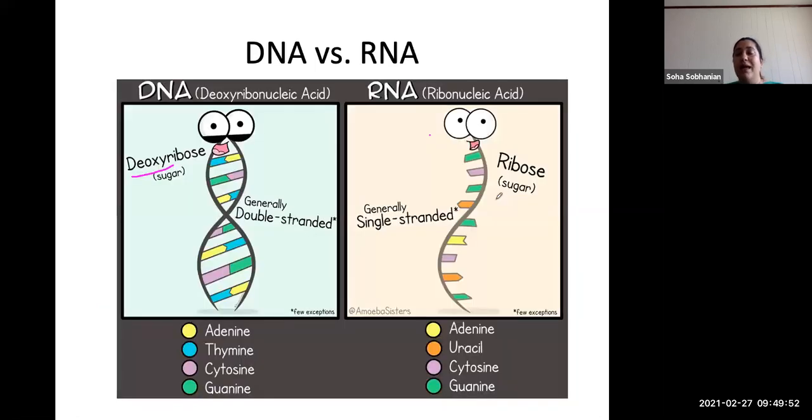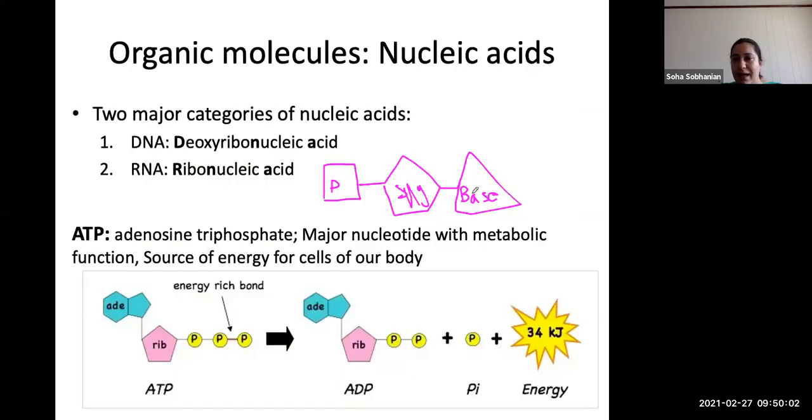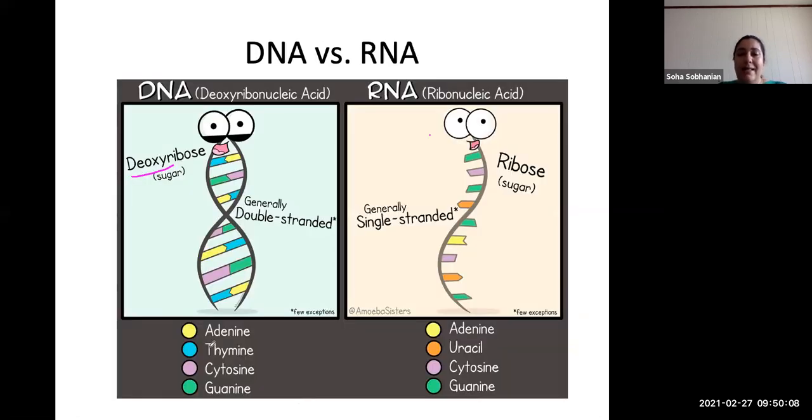So when I'm looking at the bases that form my DNA versus the bases that form my RNA, those bases that I drew as a triangle, the options for the DNA bases are going to be A, T, C, and G. I don't need you guys to know the full name. All you need to know is the shorthand, A, T, C, and G. So if I'm looking at a DNA, the only options I have for bases are these four.